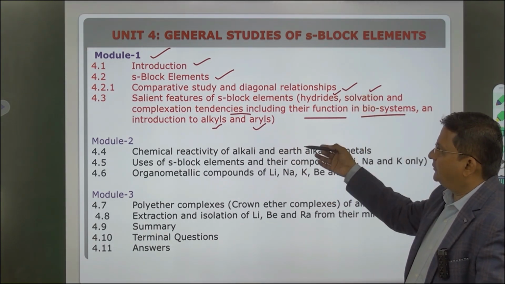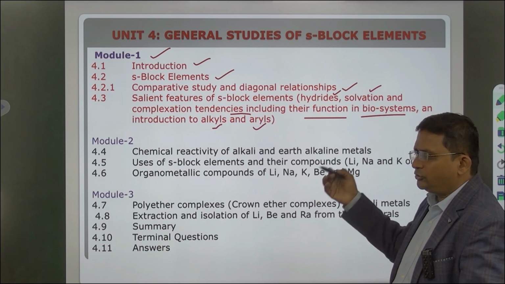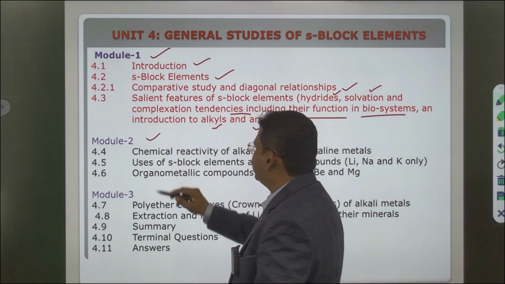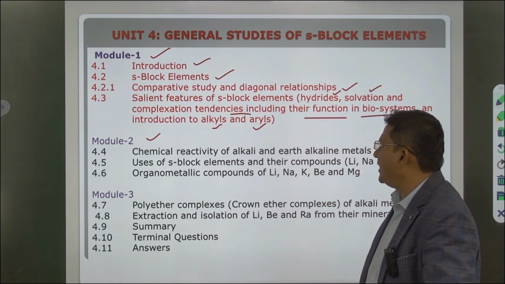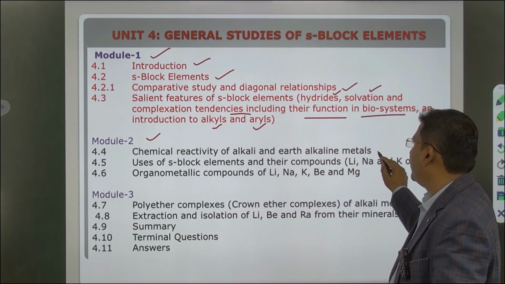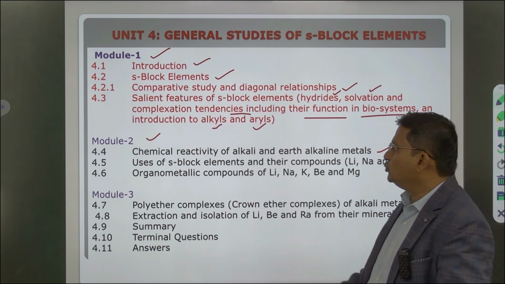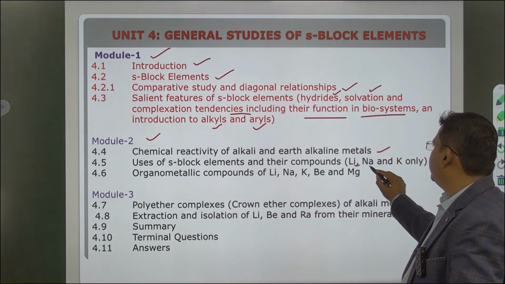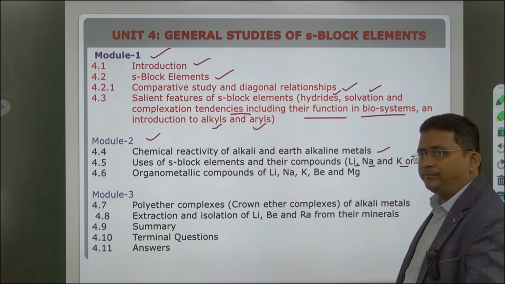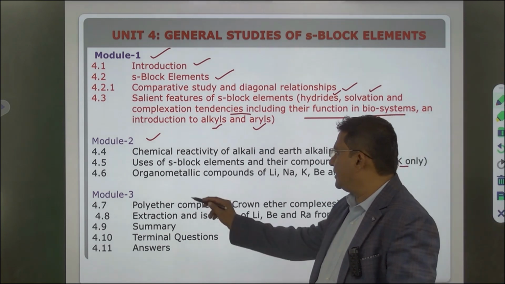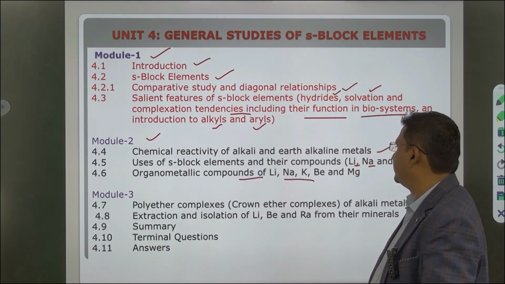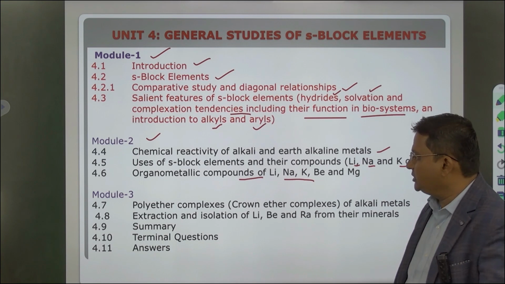After this lecture, in module 2, you will study chemical reactivity of alkali and alkaline earth metals, use of S block elements and their compounds, lithium, sodium and potassium only, and organometallic compounds of lithium, sodium, potassium, beryllium and magnesium.